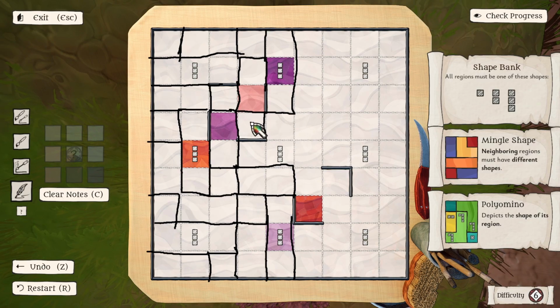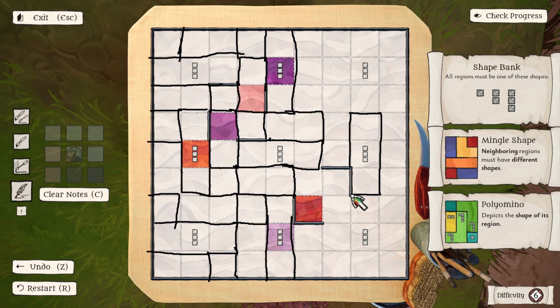Now I have a 1 here and a 2 here. So this one is a 3 that does that. This is a 1, that's a 2. This 3 can't touch the others. And here we are. This is broken.